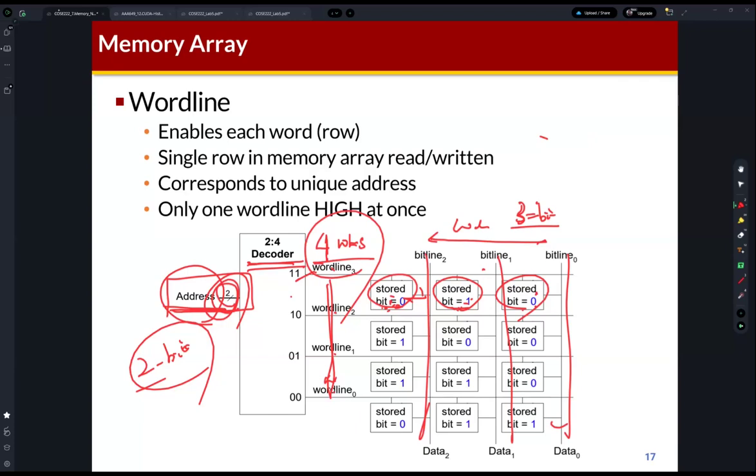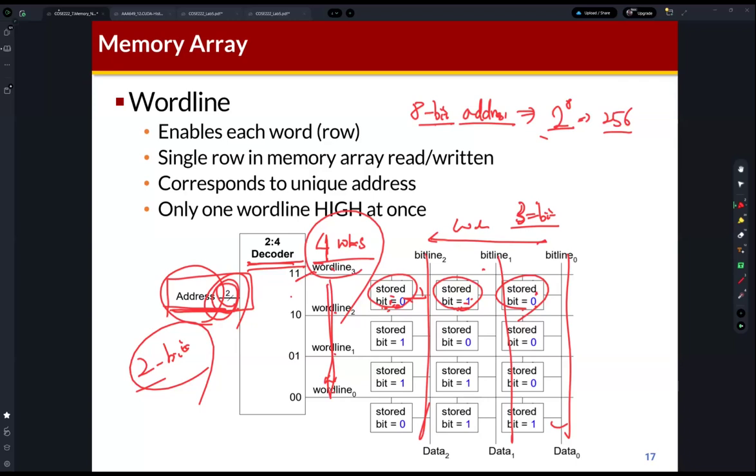For example, we can use an 8-bit address. Then using the 8-bit address, we can make 2 to the power of 8 word lines. What is this? This is 256.